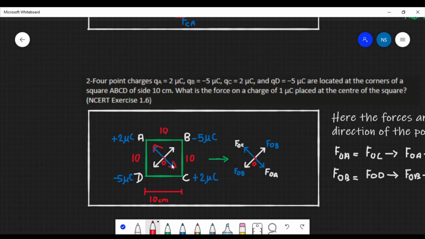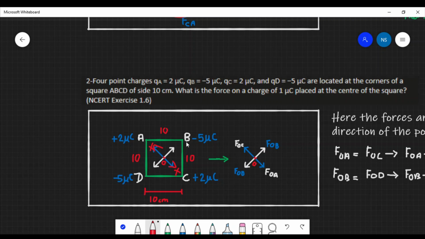These two repulsions are in opposite direction. Also the magnitude of the charge at A and C are similar, therefore equal and opposite, they cancel each other. So we see that this force is cancelled. Now we are left with these two.